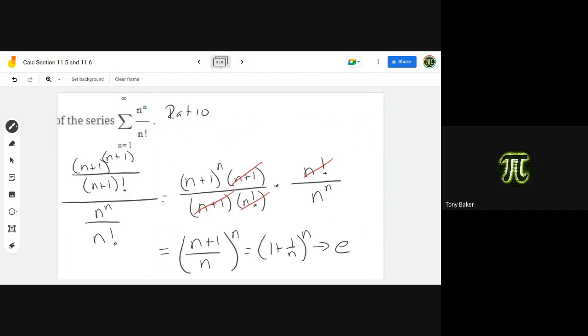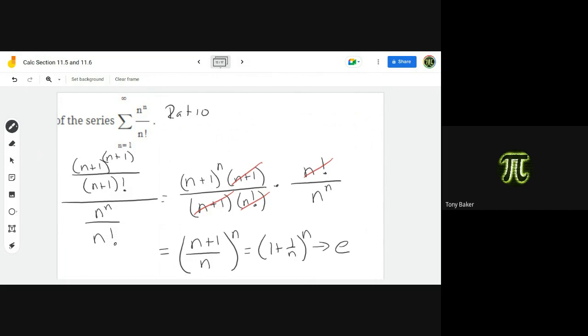Normally you can plug in infinity and it's fine. When you get crazy problems like this, when you try to plug in infinity, it doesn't necessarily work. Remember, we're looking at the limit as it goes to infinity, not at that point. So the 1 over n does go to 0, but as it's getting closer and closer to that, the exponent is getting bigger and bigger, so it's multiplying out. So it actually is going to 2.718 on down the line. So it goes to e.